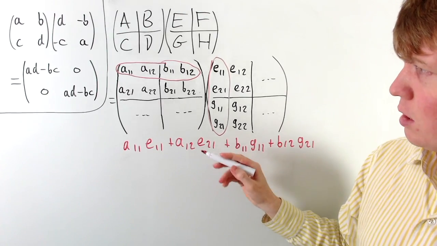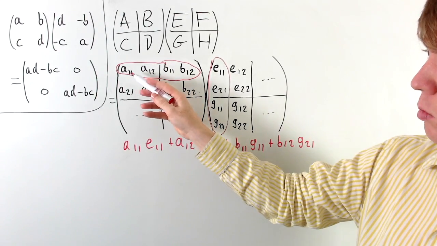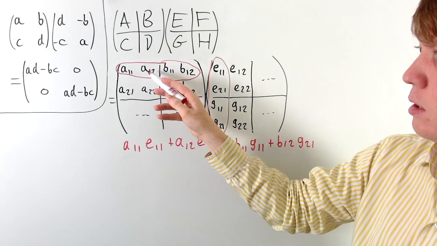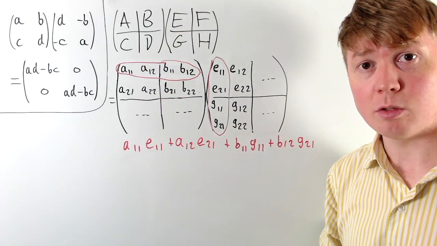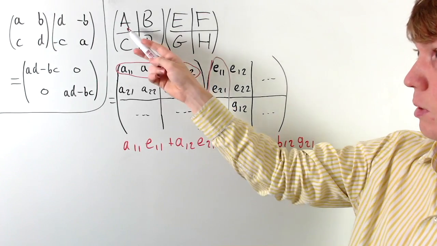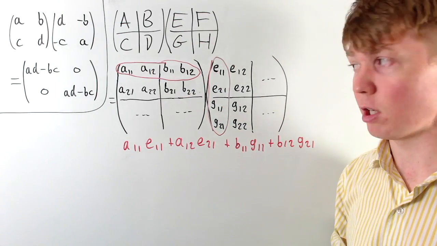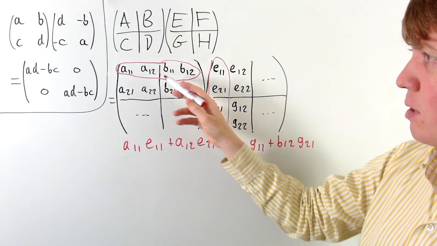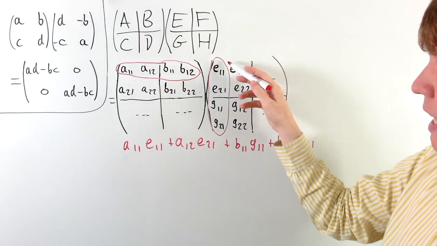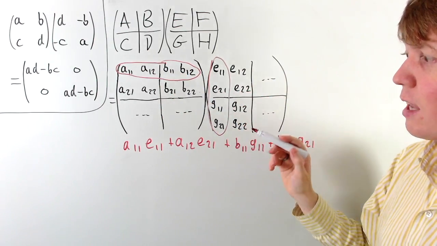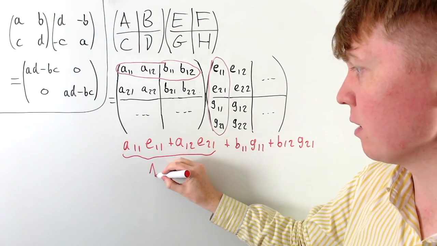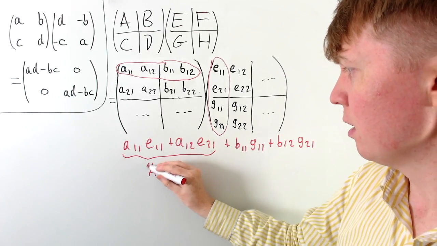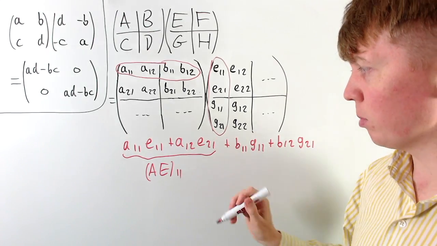And at this point you might actually notice some of the structure. A11 times E11 plus A12 times E21. This is exactly the same as what you would get if we were just multiplying the A matrix by the E matrix. So A11 and A12 get multiplied by E11 and E21 here. We add them together. So this piece here is actually the same as if we had A times E and we just took the top left entry of this.